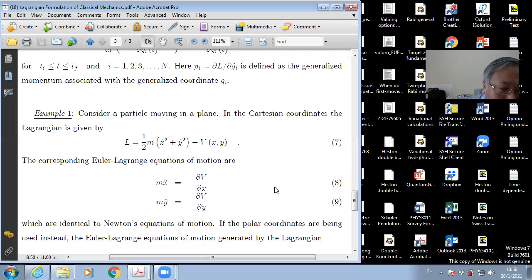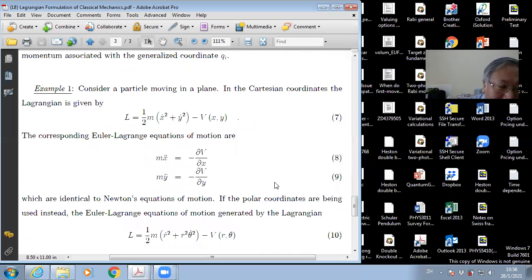Now we take a look at this example. We consider a particle moving in a plane in the presence of a potential. In the Cartesian coordinates, the Lagrangian is given by equation 7. The first part is the kinetic energy.